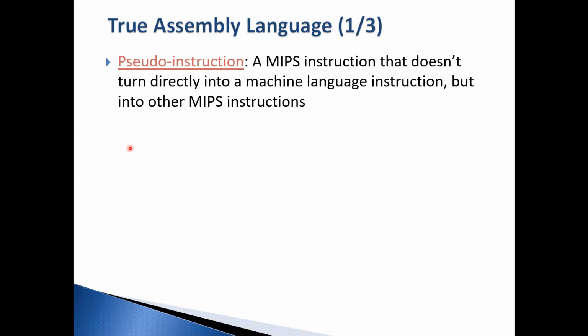True assembly language does not have pseudo instructions. Pseudo instructions are instructions that cannot be converted into machine language right away. So only the true assembly language instructions can be converted into zeros and ones machine code directly. Any instructions that cannot be converted into zeros and ones we'll consider as pseudo instructions.